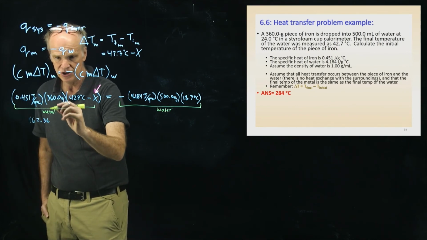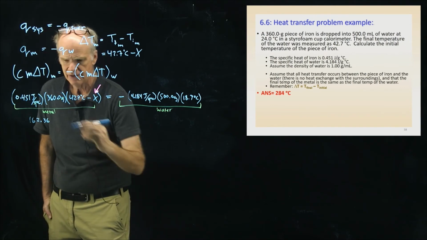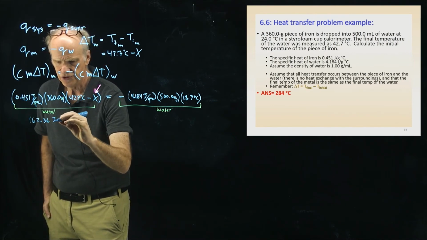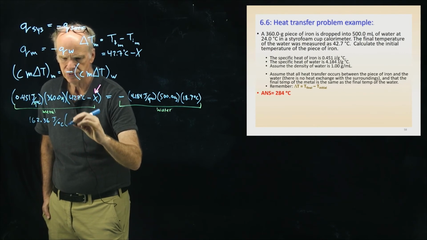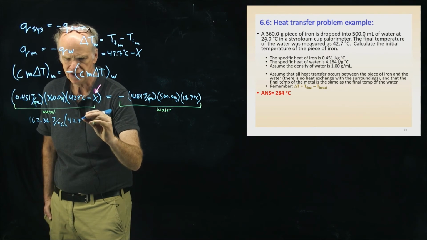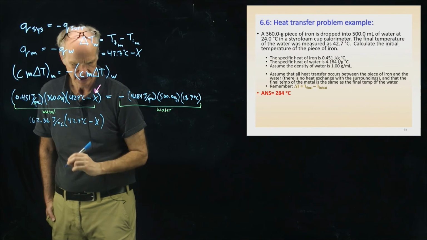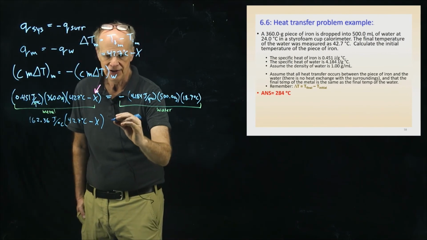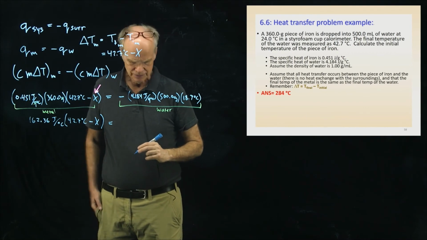And so here what you can see is that grams cancels out, right? So we should have joules per degree Celsius. And so what we're going to have to do is multiply that by 42.7 degrees Celsius minus x.